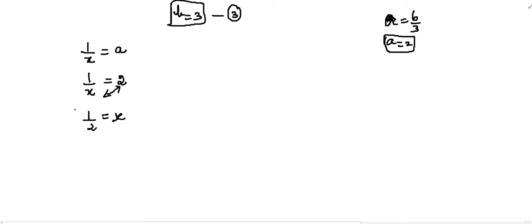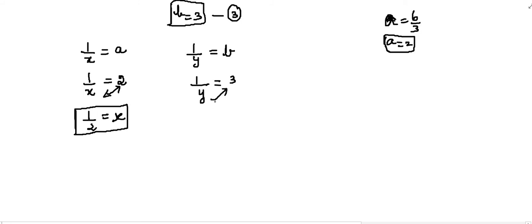So the x value is 1 by 2. And I have taken 1 by y as b, right? So 1 by y is equal to, what is the value of b I have found? 3. So I'll get y is equal to 1 by 3.